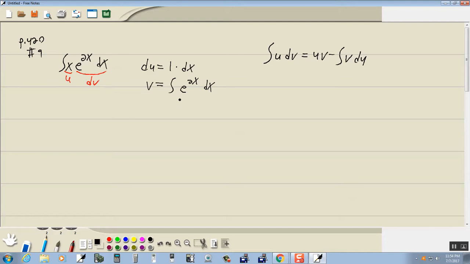Now this would be a substitution, and I'll use w. So w would be 2x, and dw: the derivative of 2x is 2, then we have to add on a dx. So this can be rewritten as the integral of e to the, actually, I put my 2 in there, don't I?